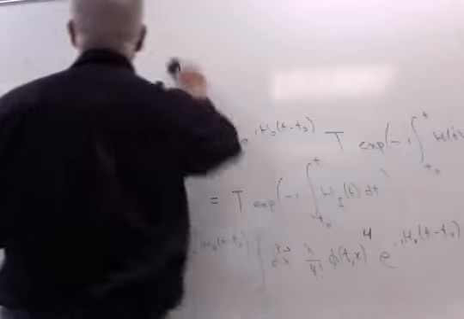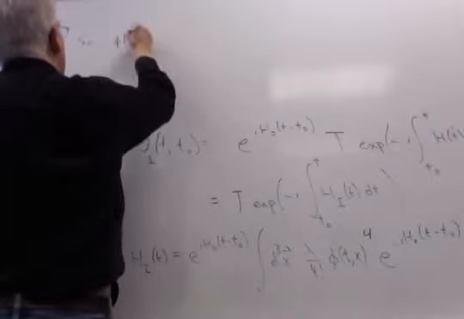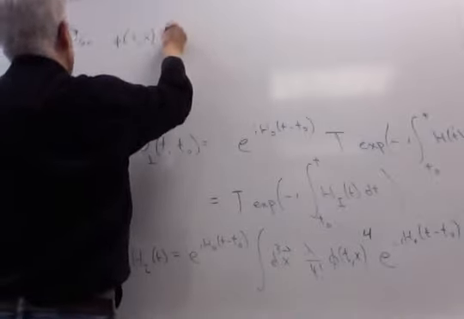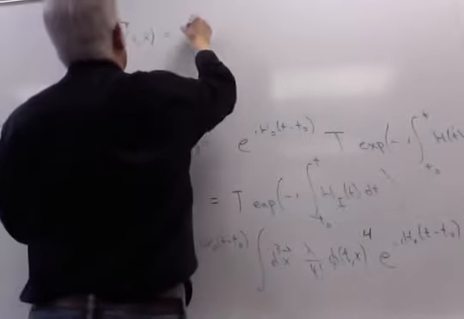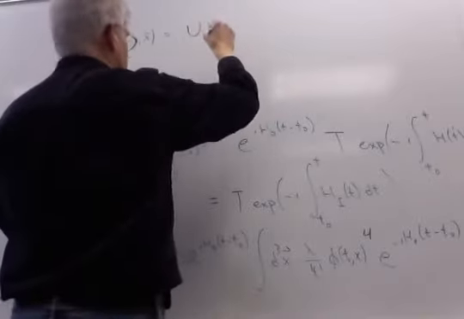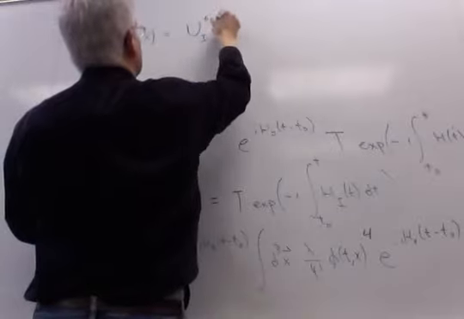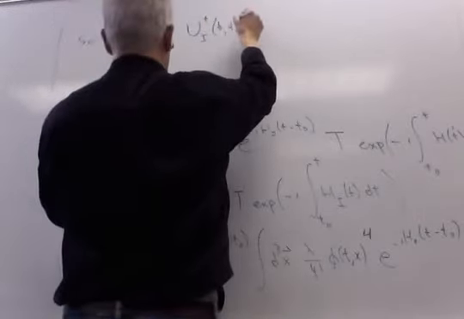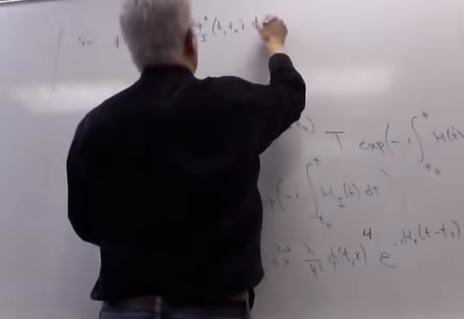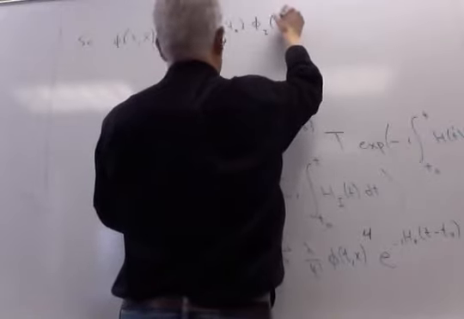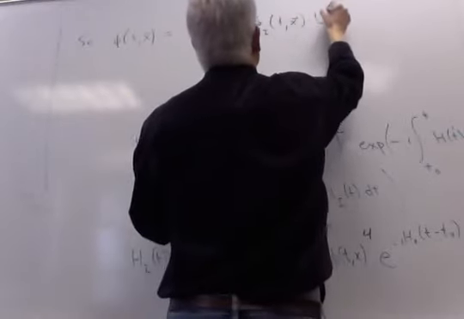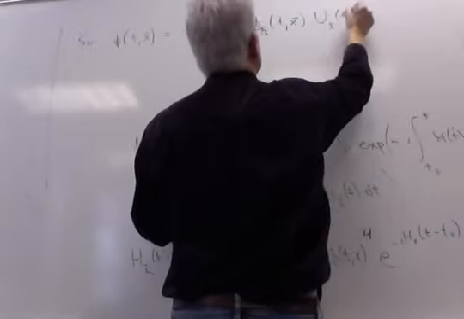So phi at time t is equal to U sub I dagger phi sub I U sub I, from t to t0.